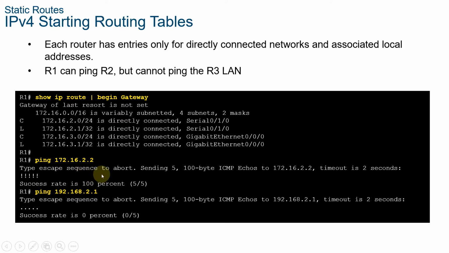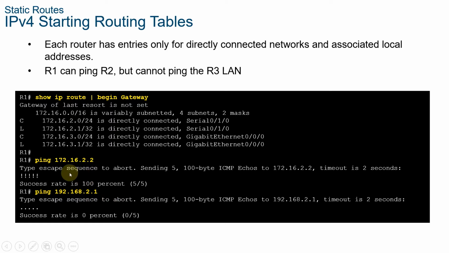As demonstrated in the following ping tests, a ping from R1 to the serial interface Serial 0/1/0 of R2 should be successful, because it is a directly connected network.